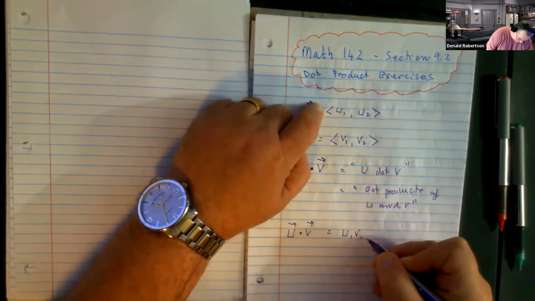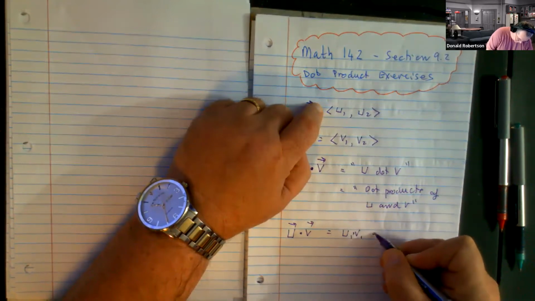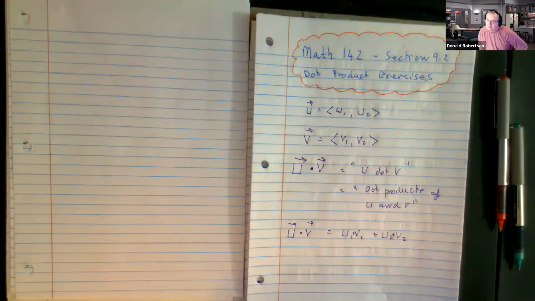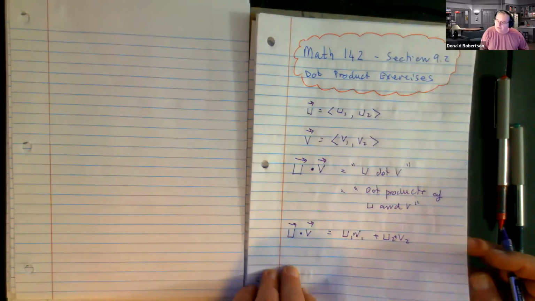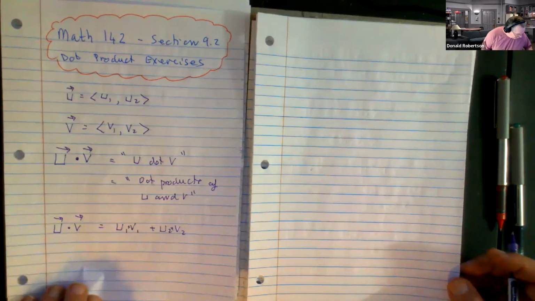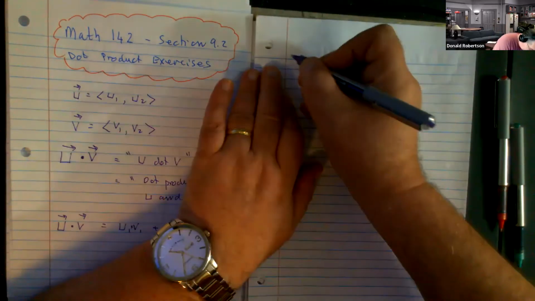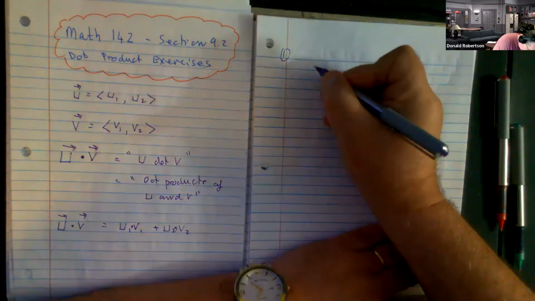u1 times v1 plus u2 times v2. And that is called the dot product. It's not the worst calculation in the world. Great. So let's just do some practice at calculating some dot products. So here's my first example.